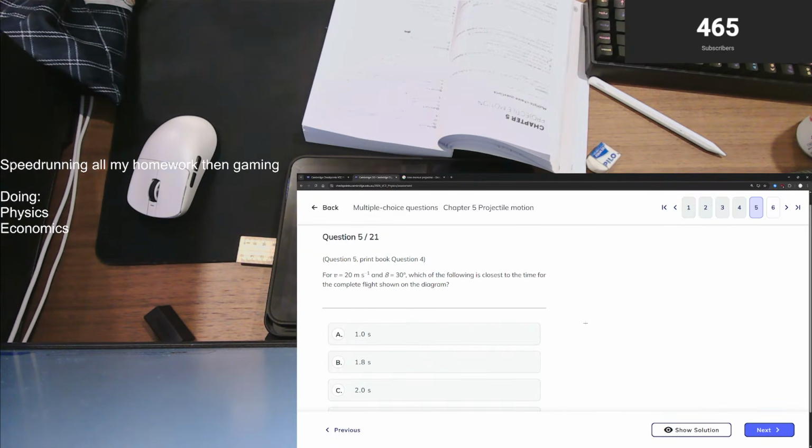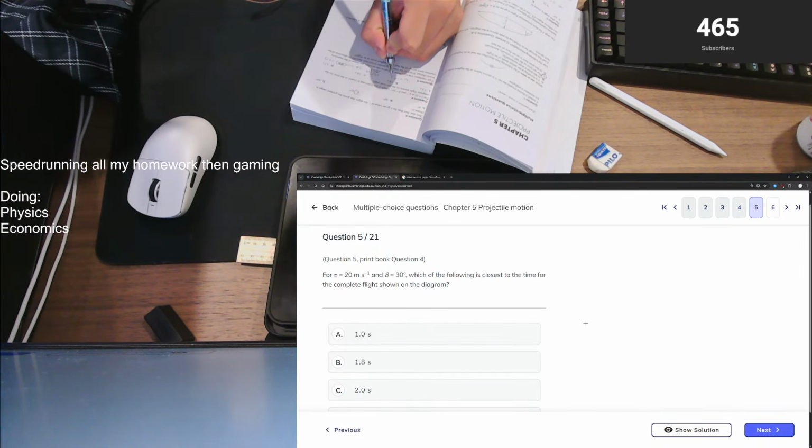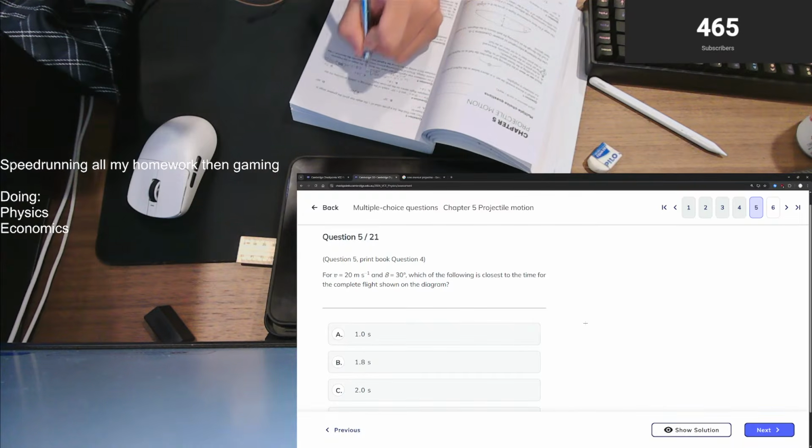Oh, okay. Oh, facts. U equals 10, V equals 0, A equals 9.81.